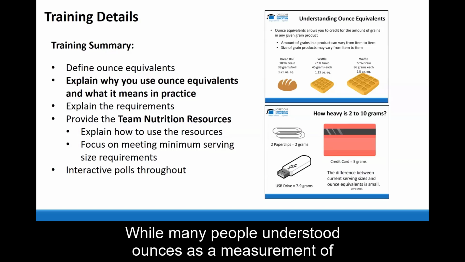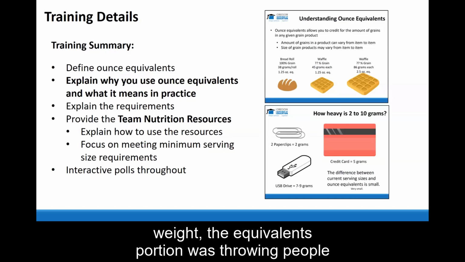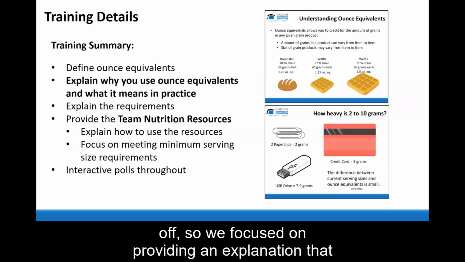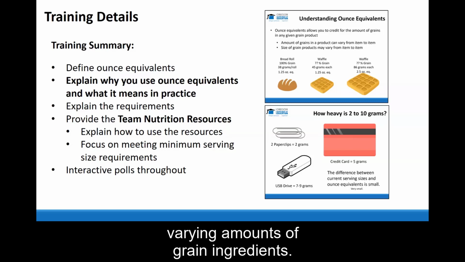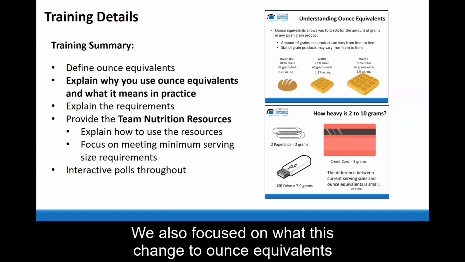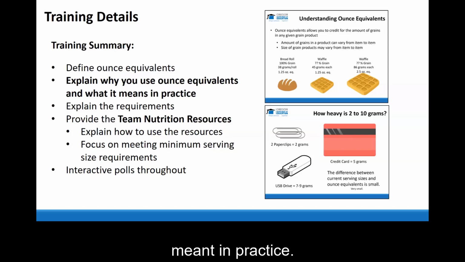While many people understood ounces as a measurement of weight, the equivalence portion was throwing people off. So we focused on providing an explanation that details out how different grain products can have varying amounts of grain ingredients. We also focused on what this change to ounce equivalents meant in practice.